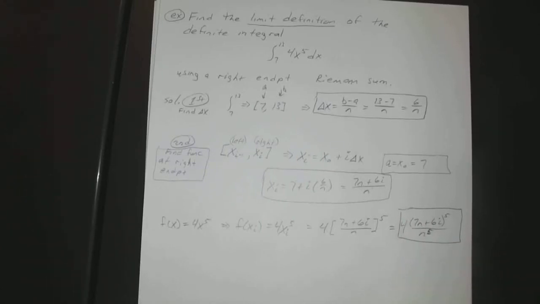The reason we did that is we want to be able to factor out that n to the 5th at the bottom. Again, this is our function at the right endpoint.